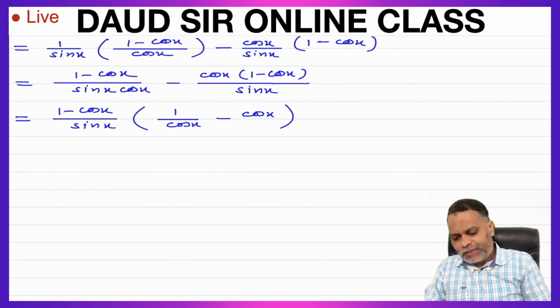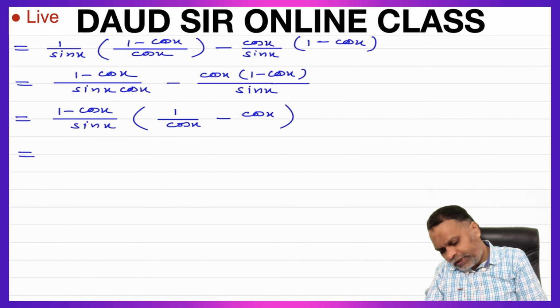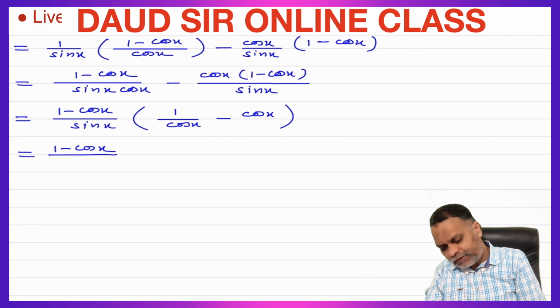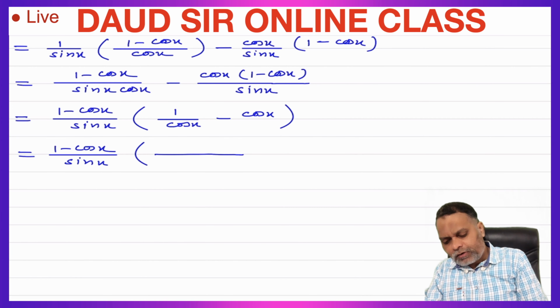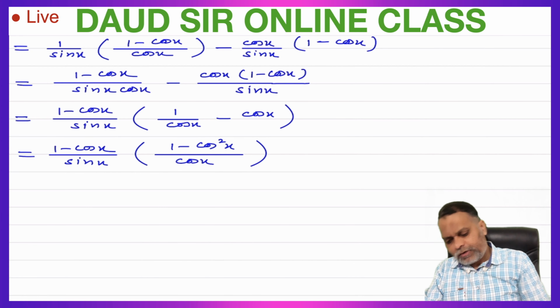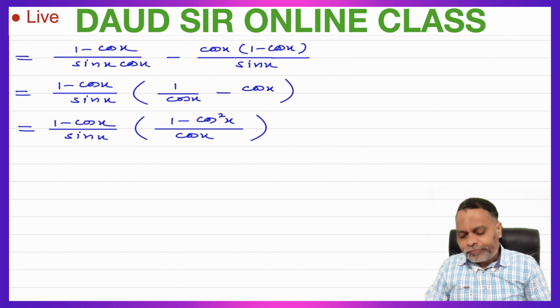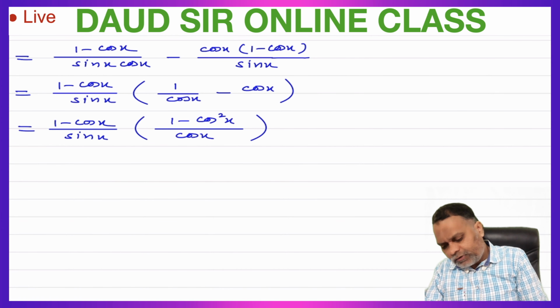Now simplify this further, which is equal to 1 minus cos x upon sin x. In the bracket take LCM. LCM of cos x and 1 is cos x. So 1 minus cos square x.